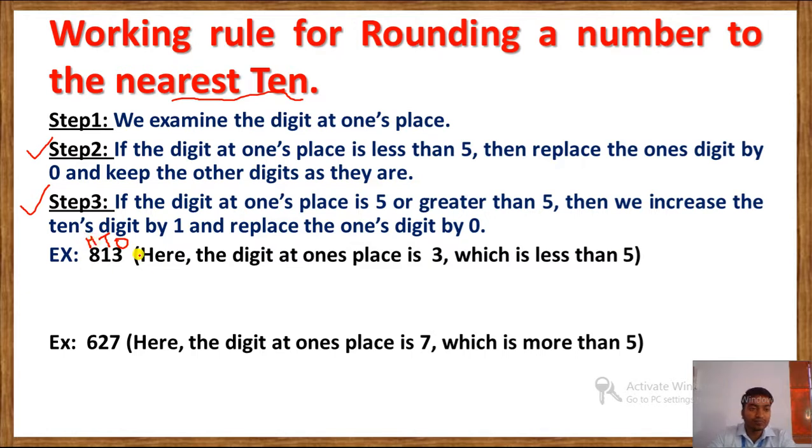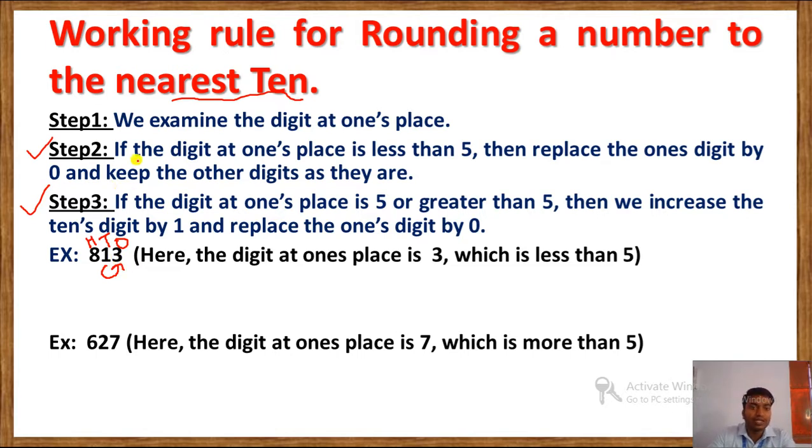So first we have to see the ones digit, just the right side of the tens digit. Here we have 3. Understood? In both ways we got 3.